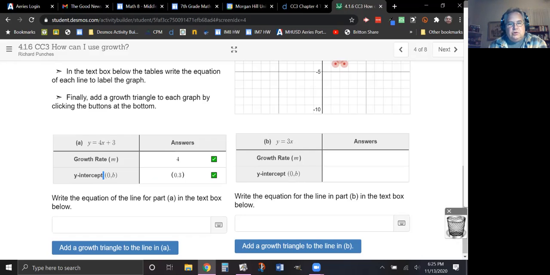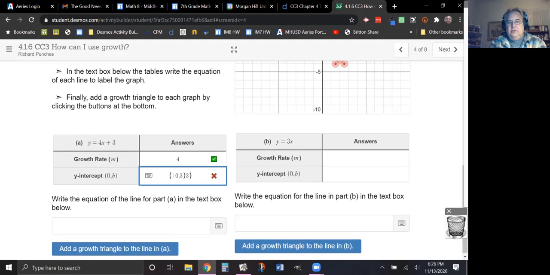So when you see this ordered pair right here, 0, b, I'm asking you to write the figure 0 as a coordinate as opposed to just writing the number 3. If you had just written the number 3, it would tell you you're wrong. So that tells you you should write 0, 3, more like this. There we go.